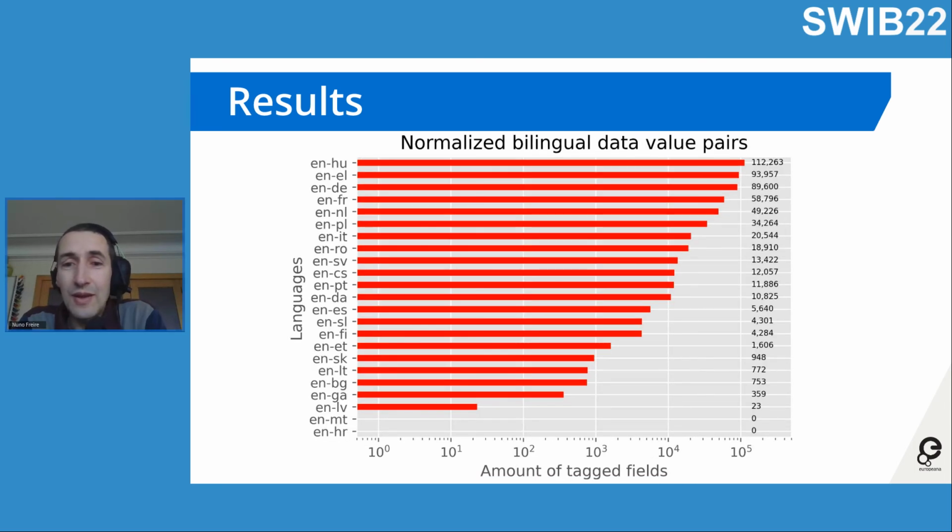This led to the detection of several data pairs. Here we are in the range of just a few thousand for each one.